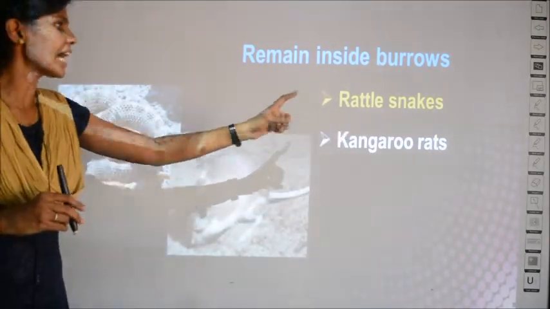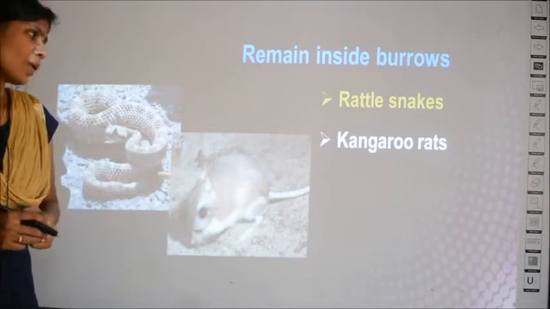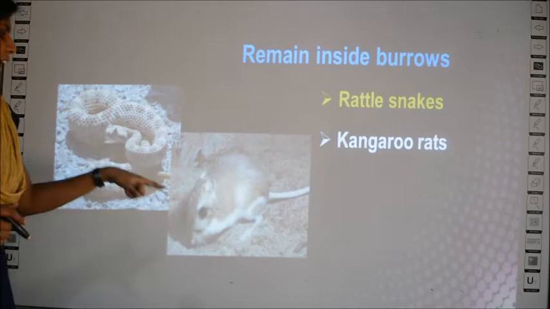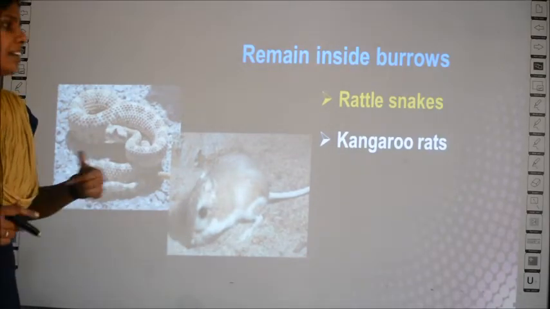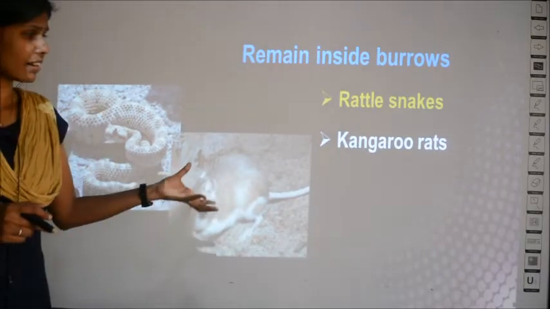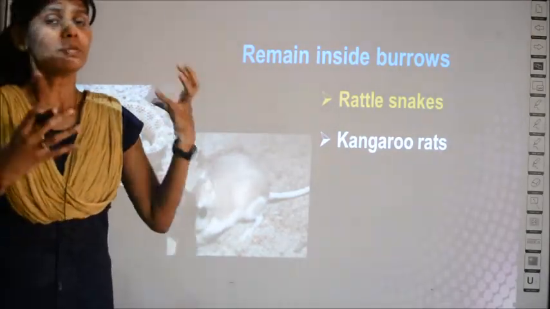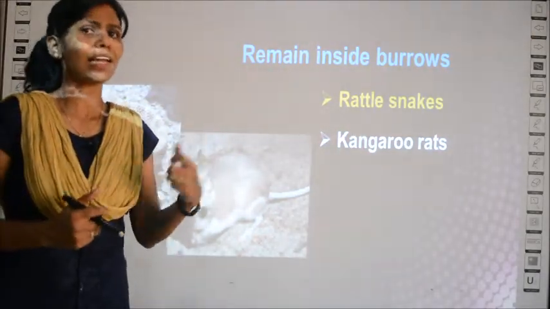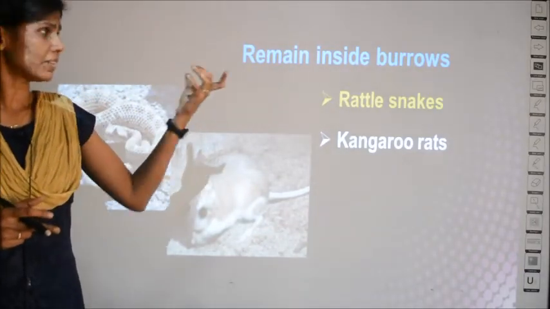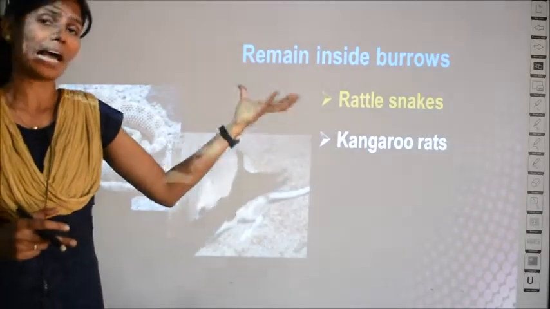Examples given in your textbook, there are two examples. One is rattlesnakes and the next one is kangaroo rats. See, this is a rattlesnake and this one is the kangaroo rat. So rattlesnakes and kangaroo rats are those which can remain inside the burrows and they live in the deserts. For every type of adaptation, you will have examples.